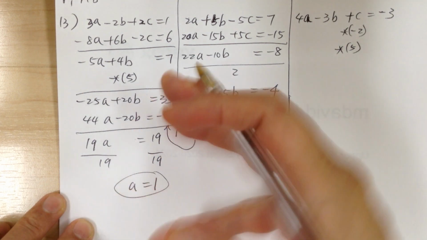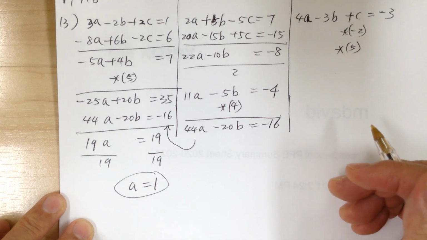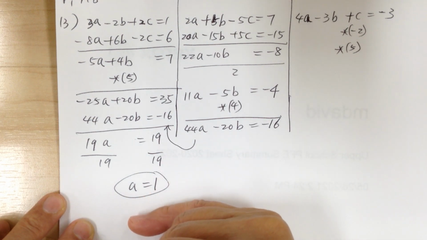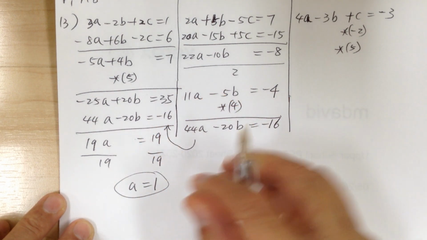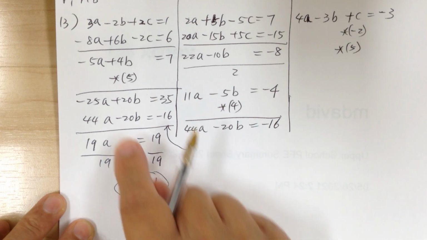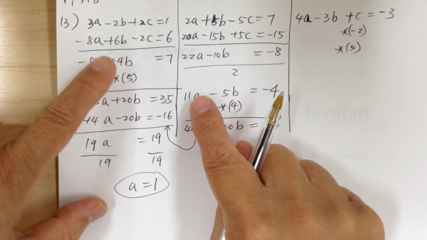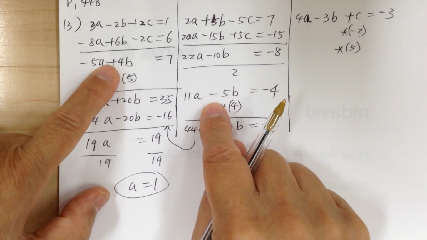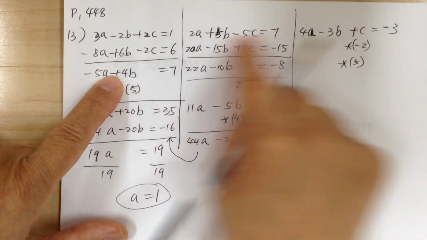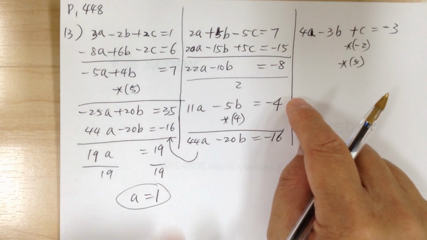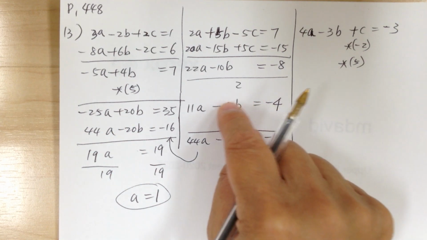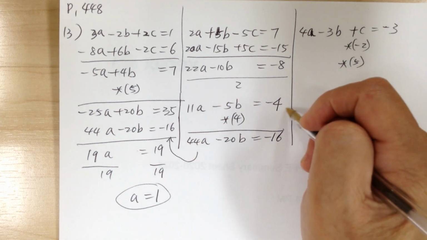Circle that so it's easier to look for when you need it. Once you solve for one variable, you have to go back one layer, to one of the equations with 2 variables. Don't go all the way back to the top because you don't have enough to solve. I'm going to use this one.